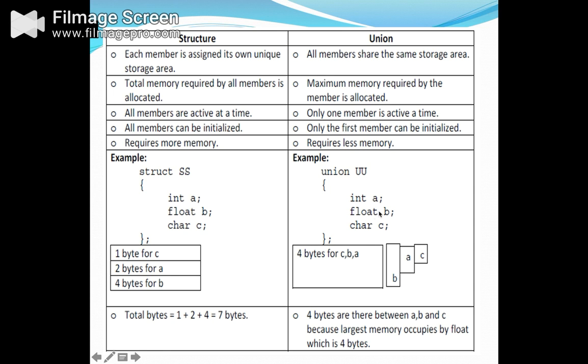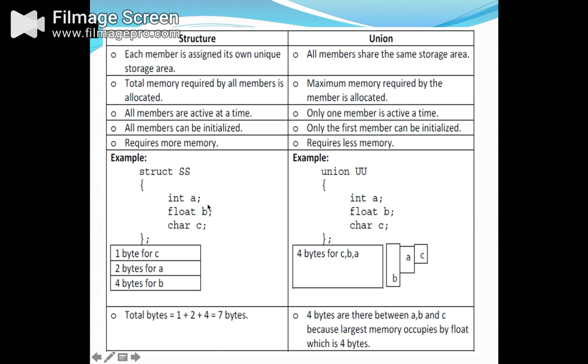It has to use these 4 bytes to accommodate any of the variables in this union. It will be provided only 4 bytes because only one of the variables from the union will be used at a time. The rest can use this space for storing the information.